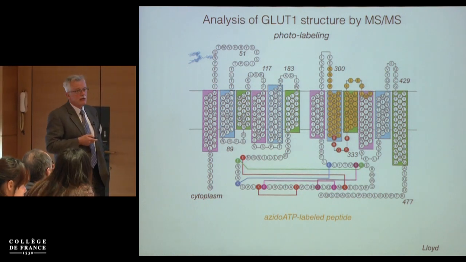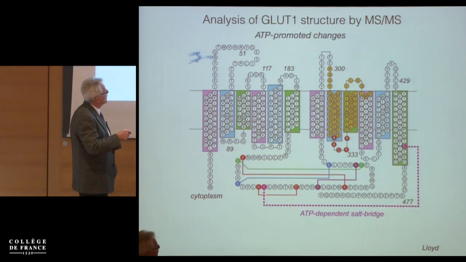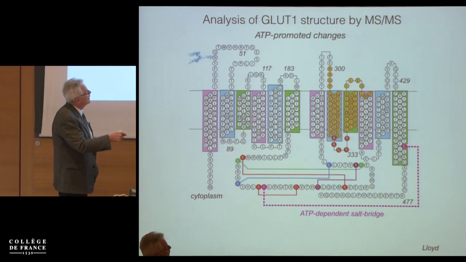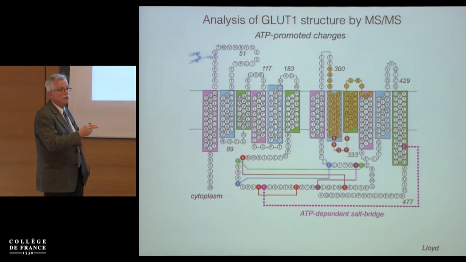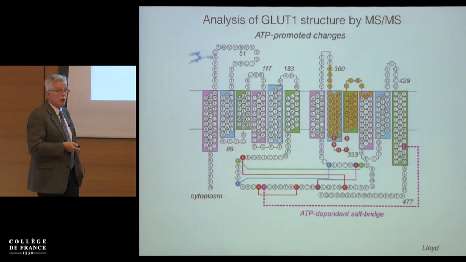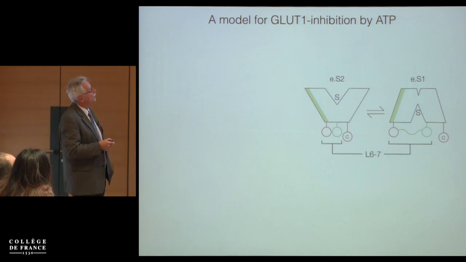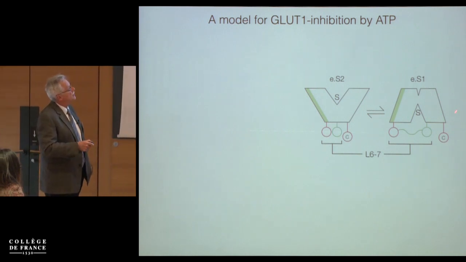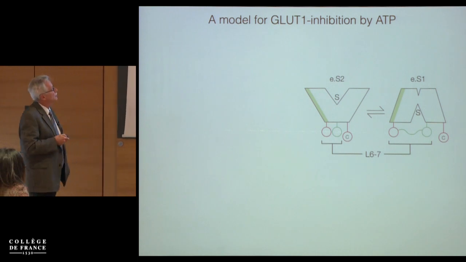If we add ATP to the transporter and do cross-linking, we lose one of these cross-links, but now we cross-link this lysine to this glutamate in the carboxy terminus. What we don't know is whether it's cross-linked within the same subunit or between adjacent subunits in the complex. What we think is happening is, in the absence of ATP, the C-terminus does not interact with the middle loop, so the transporter undergoes its E2, E1 conformational changes in the predictable way.